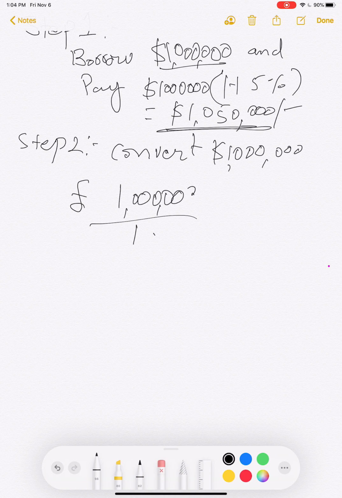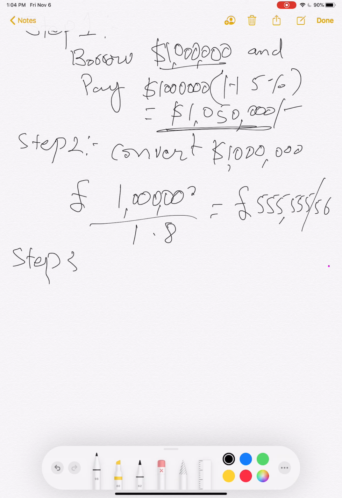So you will get pounds 1 million divided by 1.8, and this is equal to £555,555.56. This you will be getting. In this step number 3, now you need to invest these pounds at 8%, because that is the interest rate in the UK market.